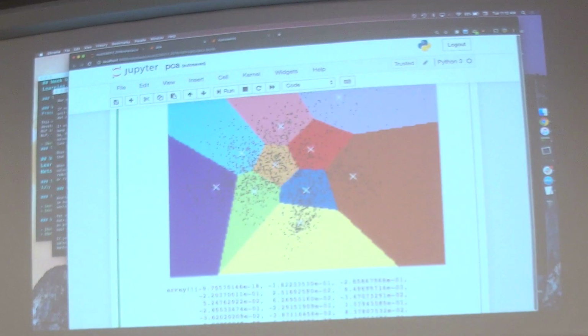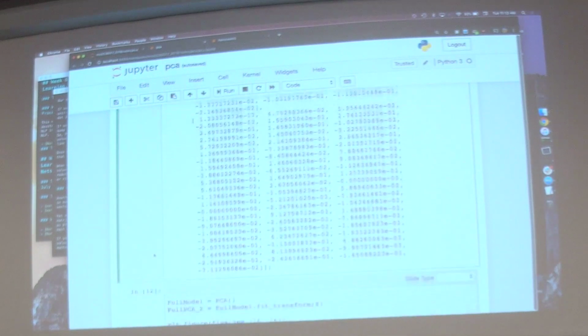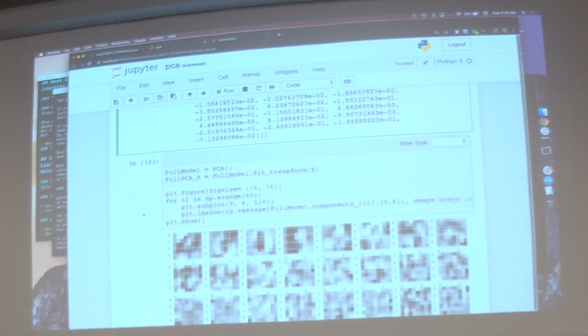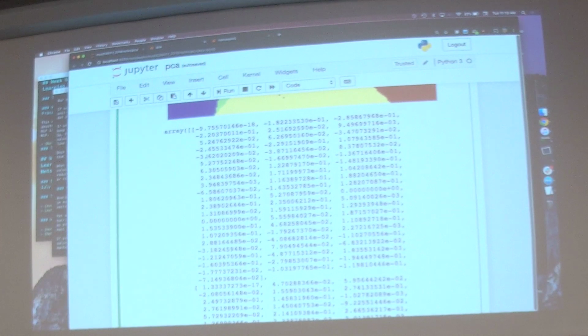And we can actually see how we split up. So here are our centroids. Here are our points projected into this space. The clustering doesn't look super great, but you can see there are definitely some tight groupings in here that indicate to me that those are images that are going to be pretty similar. And then these are the actual principal components.